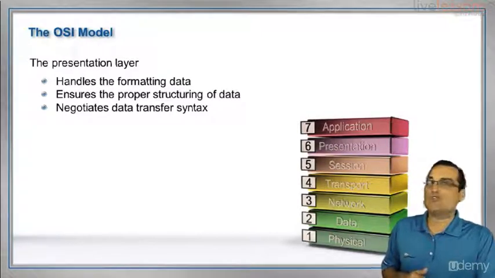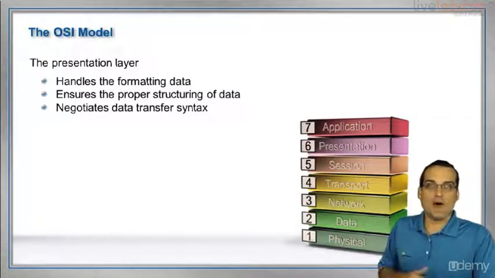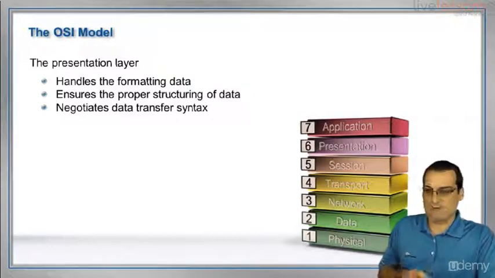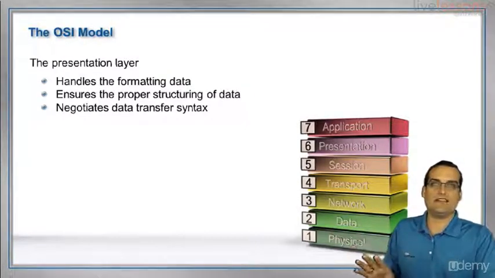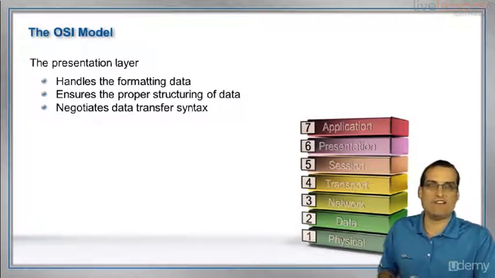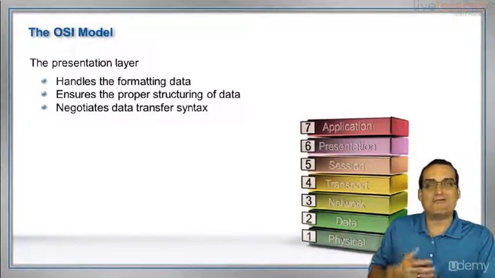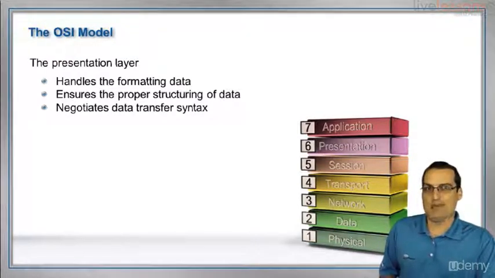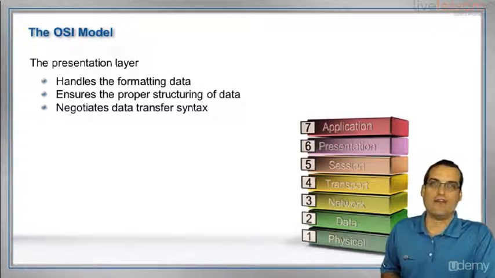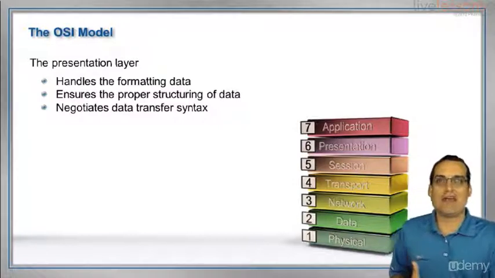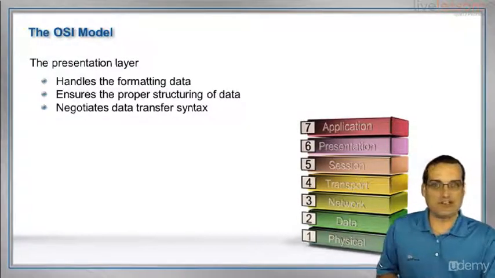Have you noticed how JPEGs are the most popular format these days for taking photographs and placing them on the internet or in emails? That format of JPEG is an example of what the presentation layer deals with, making sure the data is formatted in such a way that our networking application can understand it.